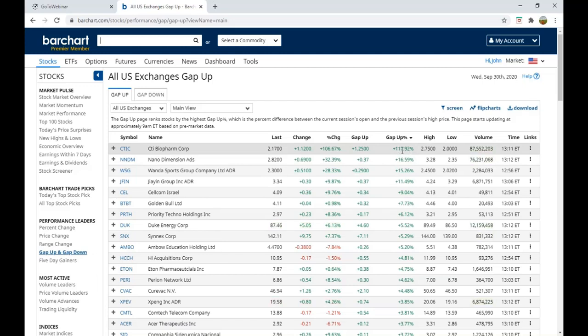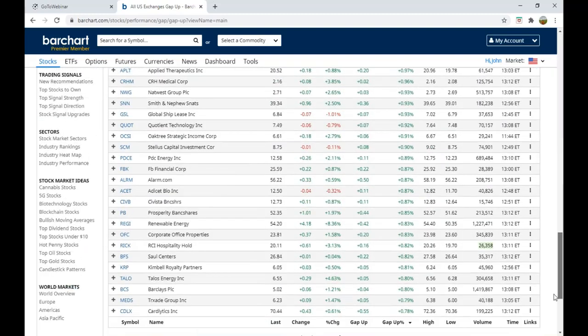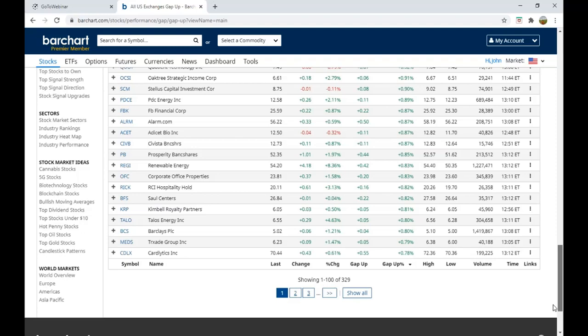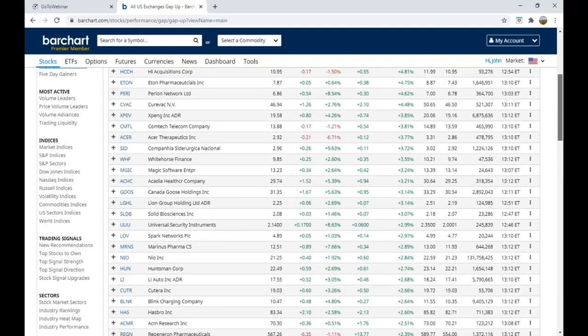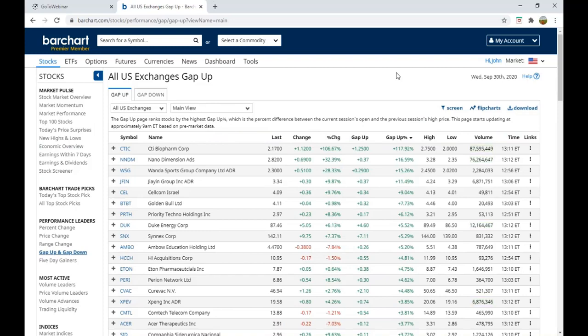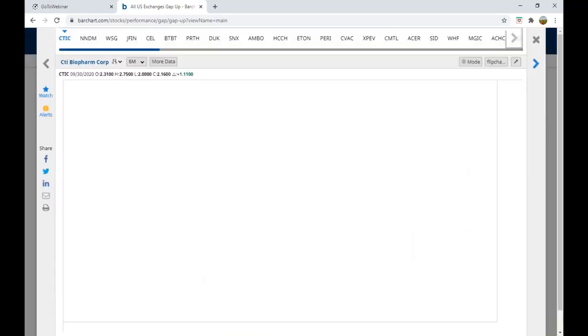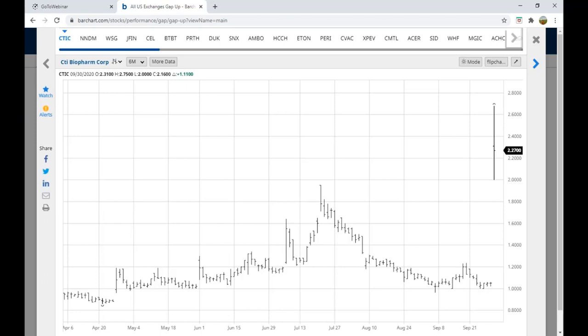For today, we can see that we've got 329 different markets that have gapped so far today. That's a lot of markets to look through, but let's flip through some of these quickly as we're figuring out where we stand. Here's a big price gap.